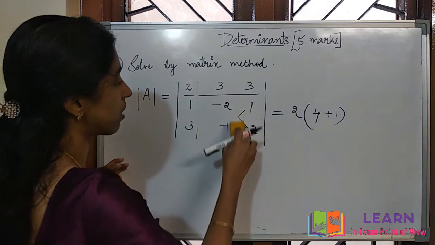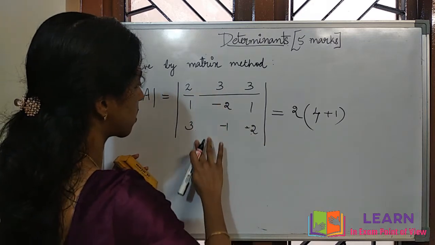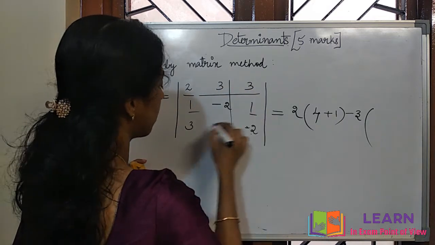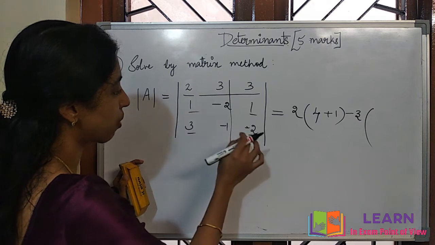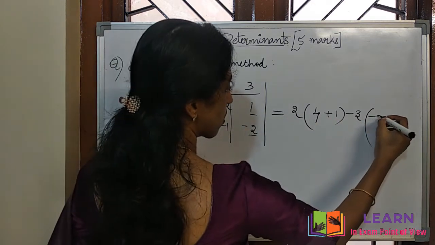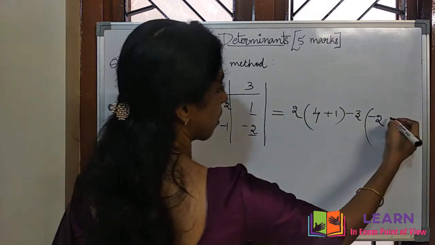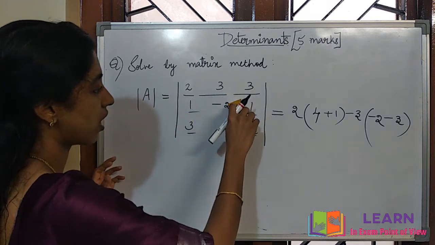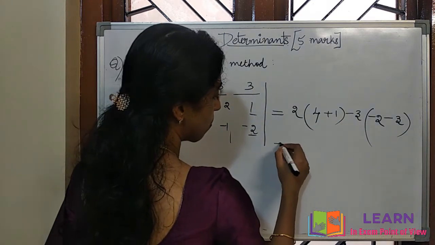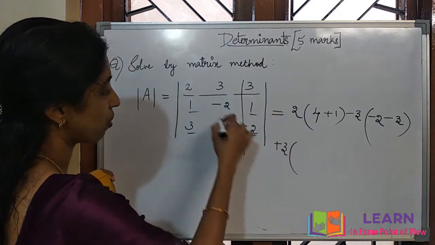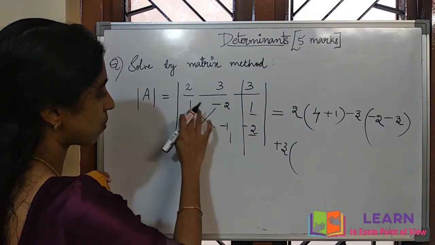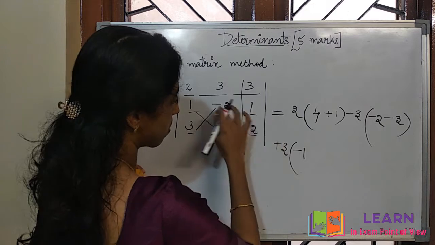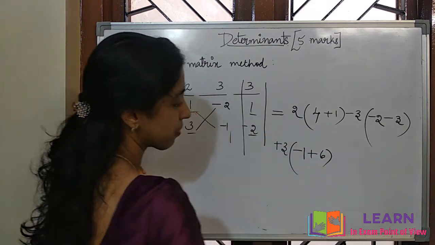The next element is 3, with a negative sign, and hiding its row and column, we get minus 2 into 1, that is minus 2, and 3 into 1, that is minus 3. Then the last element is again 3, with a plus sign. Hiding its row and column, minus 1 into 1 is minus 1, and 3 into 2 is 6, so minus 1 plus 6.